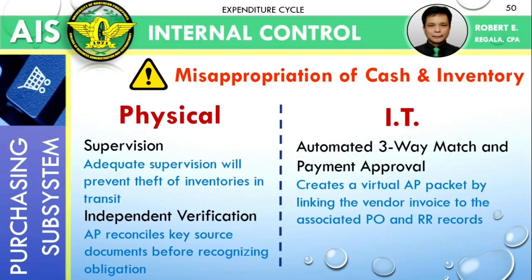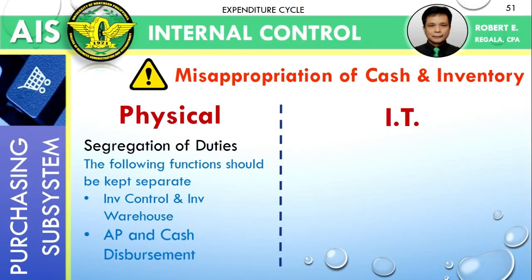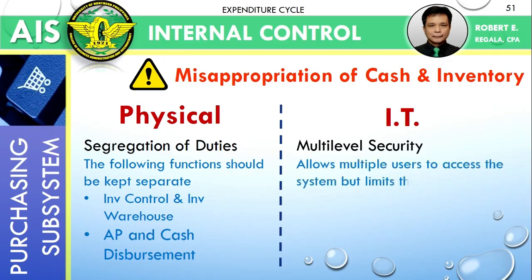The override should be performed only by authorized management and should be fully documented in management records. Multi-level security. This is a programming technique that allows multiple individuals to simultaneously access the system, but provides segregation of duties to limit their access privileges and activities.